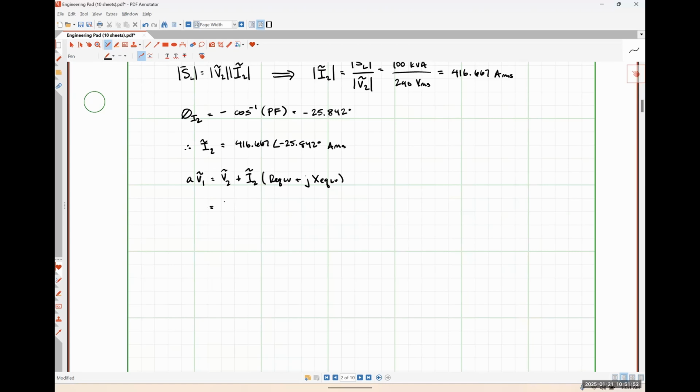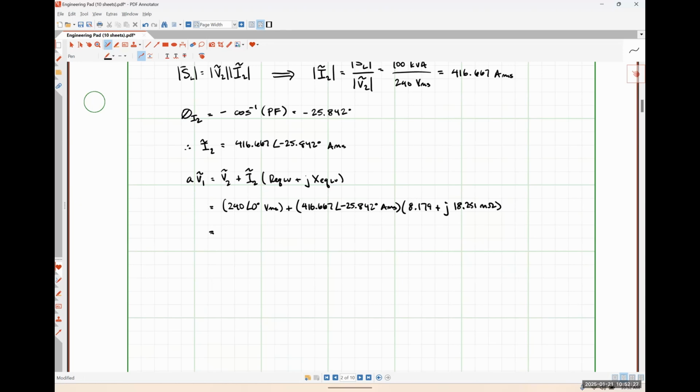And so explicitly writing this out, we're going to have 240 angle 0 degrees volts RMS plus 416.667 angle negative 25.842 degrees amps RMS times 8.179 plus j 18.251 milliohms.